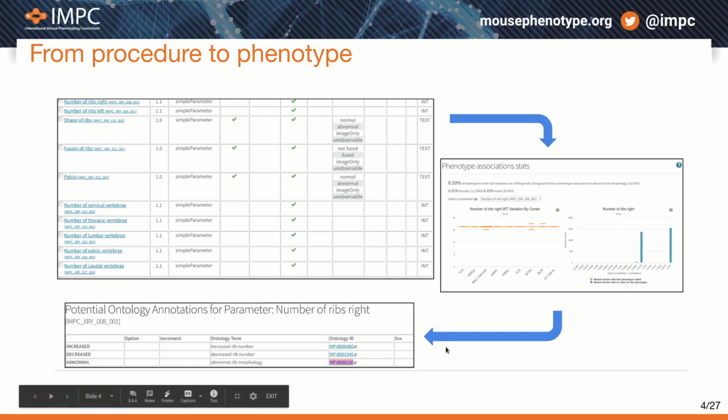And from there, if we think there is something of significance, we associate those with ontology terms that are internationally agreed, and we contribute that to the body of knowledge that is trying to build a picture of the mouse genome.